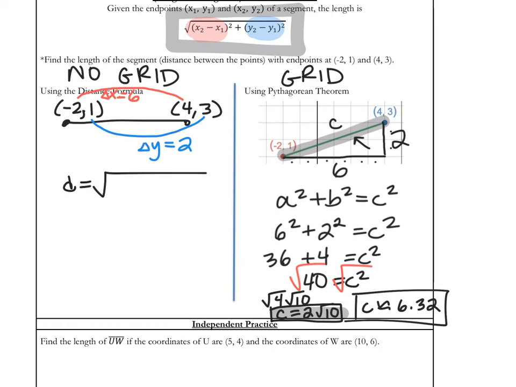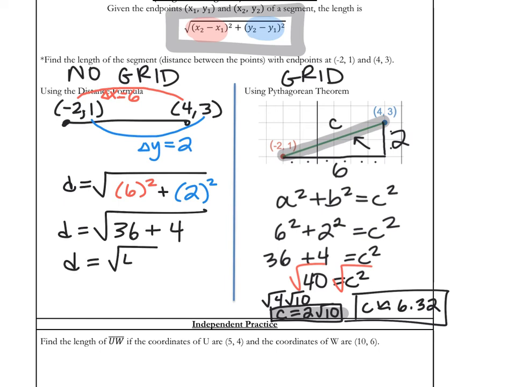My change in x was 6. My change in y was 2. I add those together. 6 squared is 36. 2 squared is 4. So again, my distance is the square root of 40, which, holy cow, it's the same thing.